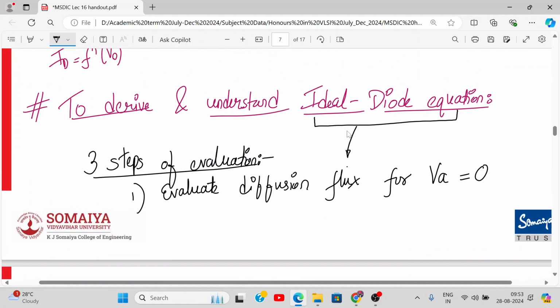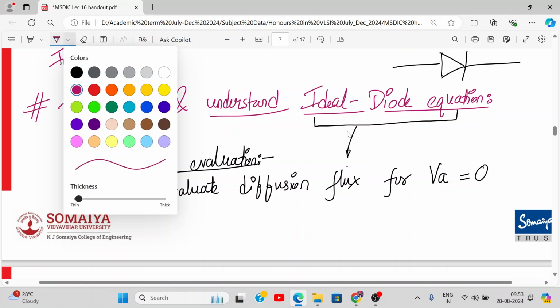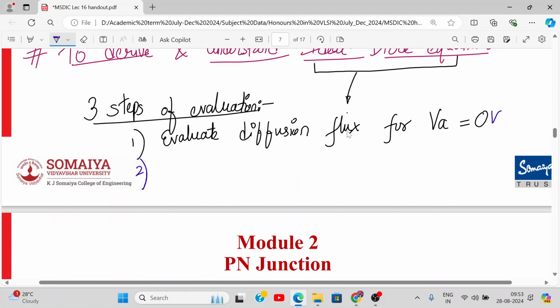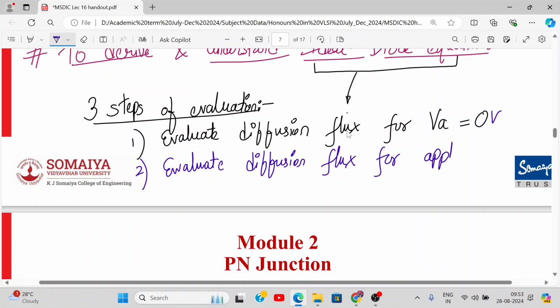Let's assume that across this diode, the externally applied voltage is VA. So this is VA. Are you getting it? Applied voltage VA is 0, so this is the zero bias condition. Next, evaluate diffusion flux for applied bias VA.